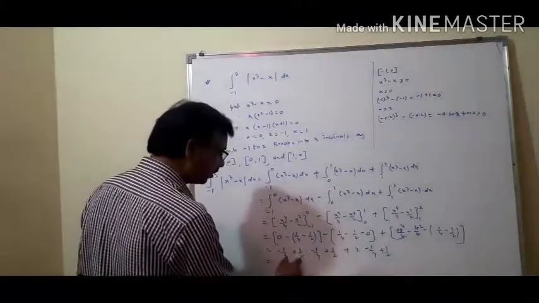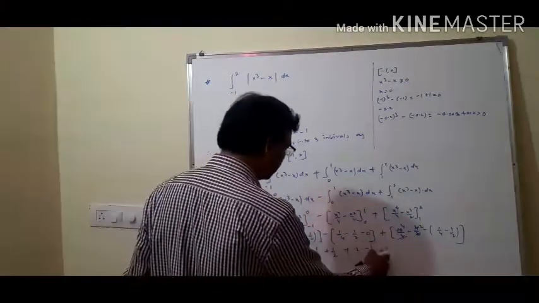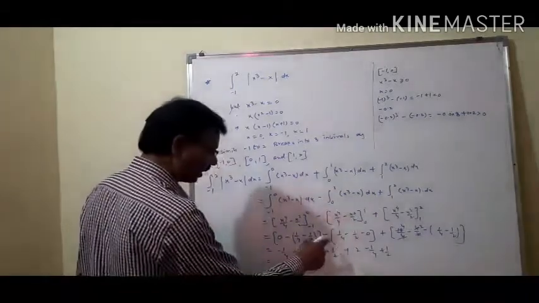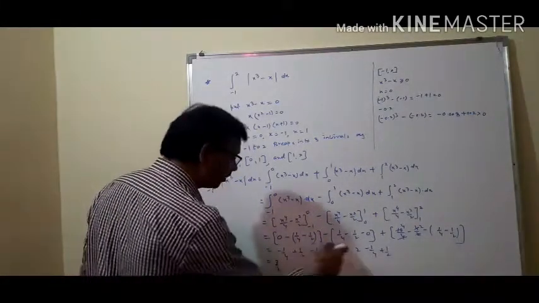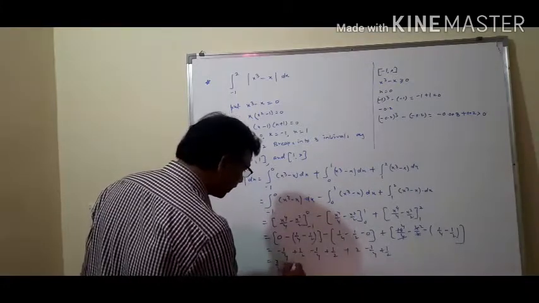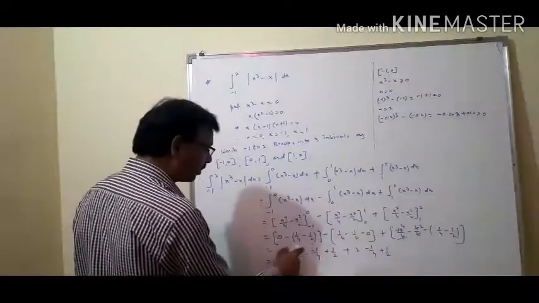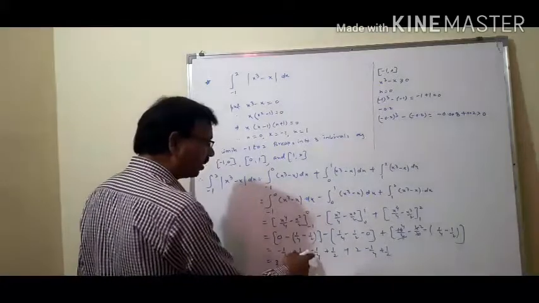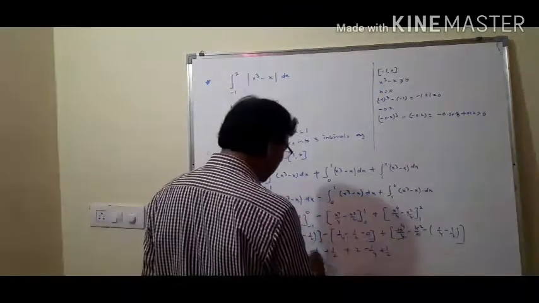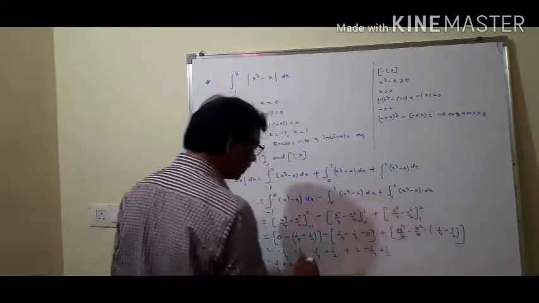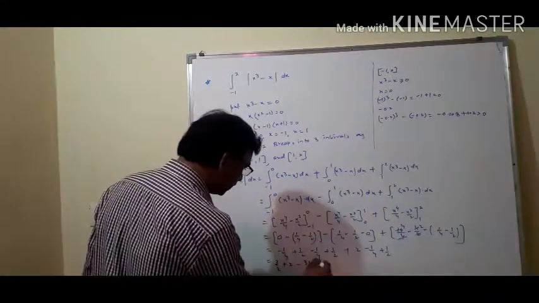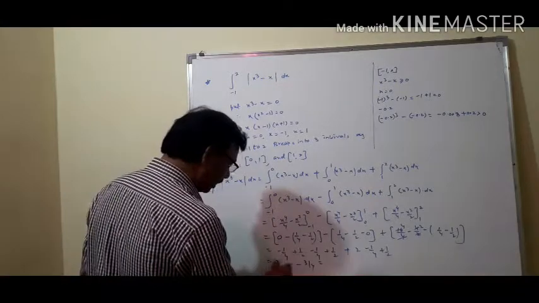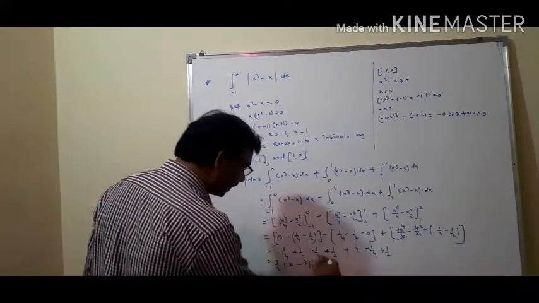Since 1 by 2 plus 1 by 2 plus 1 by 2 will be 3 by 2, that means 1 and a half, this will be 3 by 2 plus 2 minus 1 by 4 minus 1 by 4 minus 1 by 4, this will be minus 3 by 4. Now this will be equal to 3 by 2 plus 2 minus 3 by 4, taking LCM.